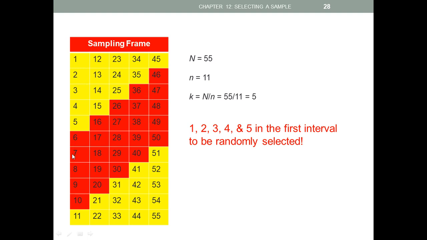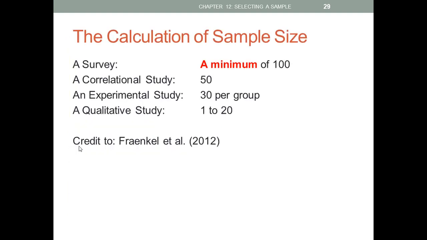The next participant to be selected is number 7. So you can see number 3, number 4, number 5, number 6 do not have an equal chance of being selected. Therefore, it's partially random and partially non-random. That's what we mean. So next slide, the calculation of sample size.